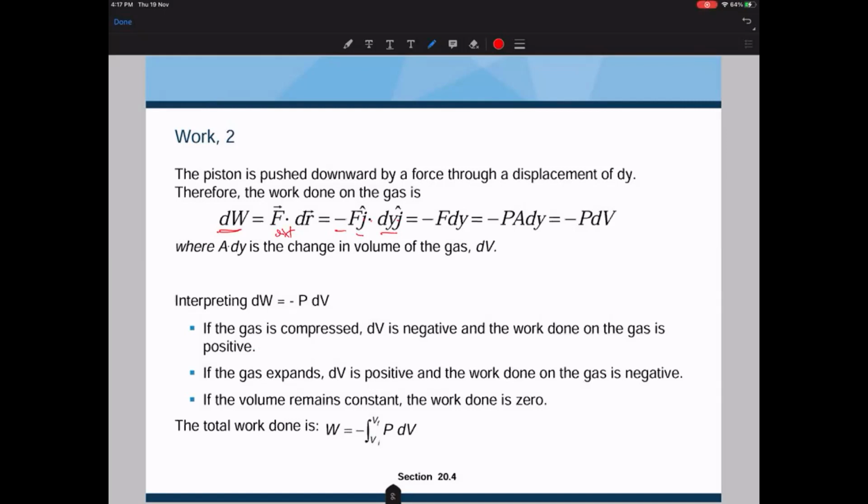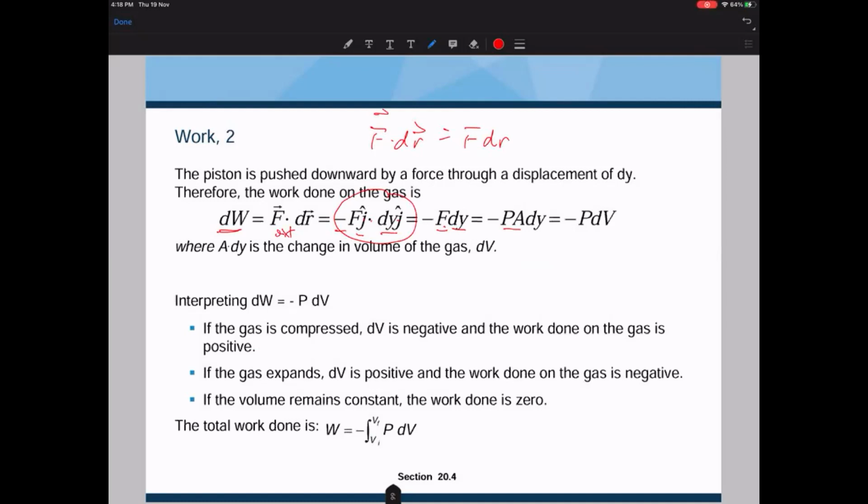So it becomes just F times dy. So here from the vector operation, F dot dr turns into F dr. The left-hand side is a vector operation. The right-hand side is the algebraic calculation. So it becomes F times dy with a negative sign due to the difference in the direction. The magnitude of the force is equal to pressure times the area.